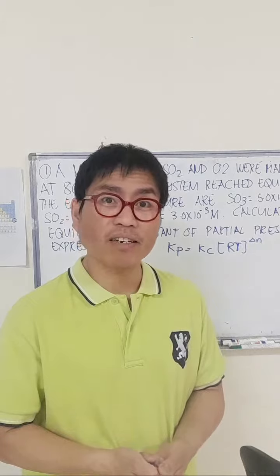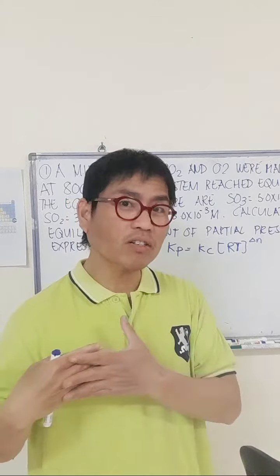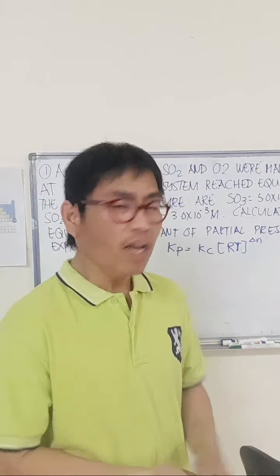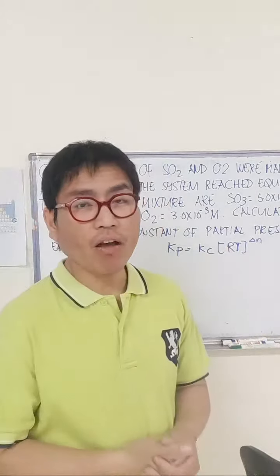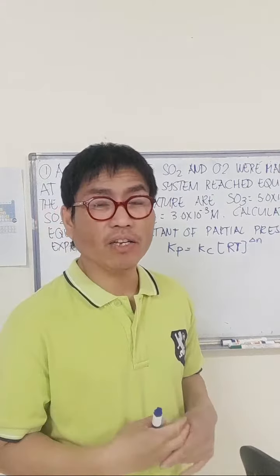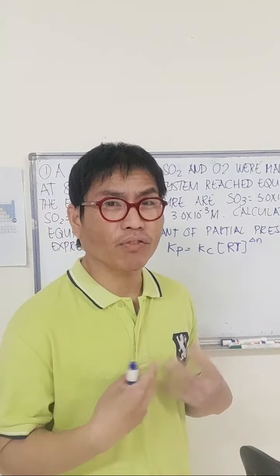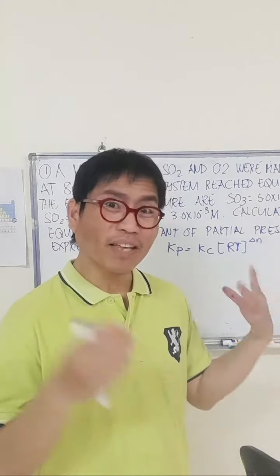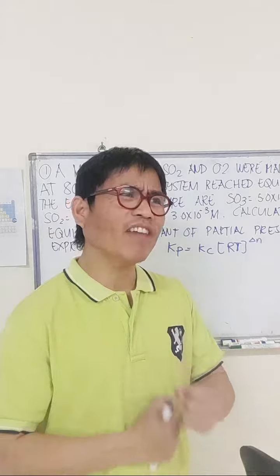You add the moles of the products and subtract the moles of the reactants, and that will be your delta n. Sometimes it could also be negative, when there are more moles in the reactants than in the products.